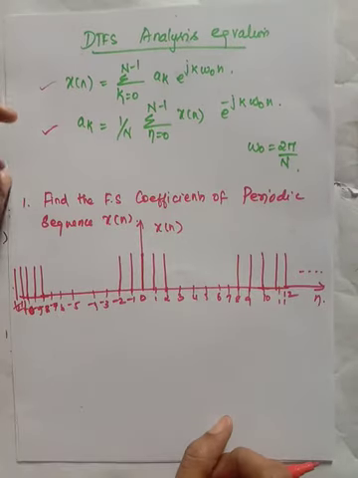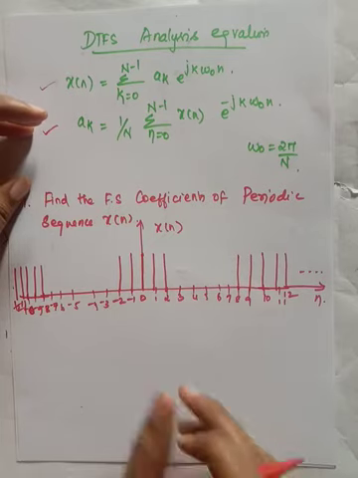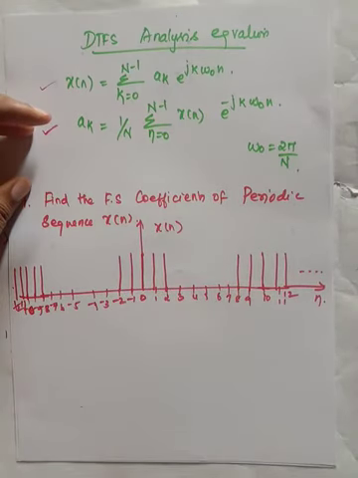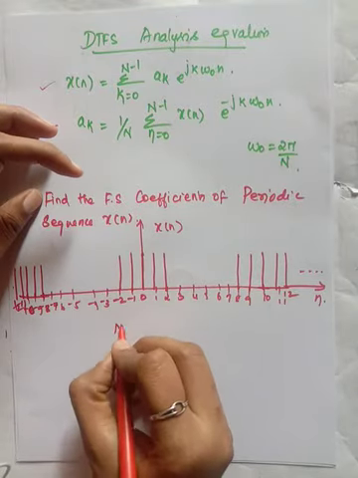So now we need to find the Fourier coefficient for this periodic sequence. They have given some square waveform, right? Here you have some value, and here you do not have any signal. So the first thing is we need to find the periodicity.